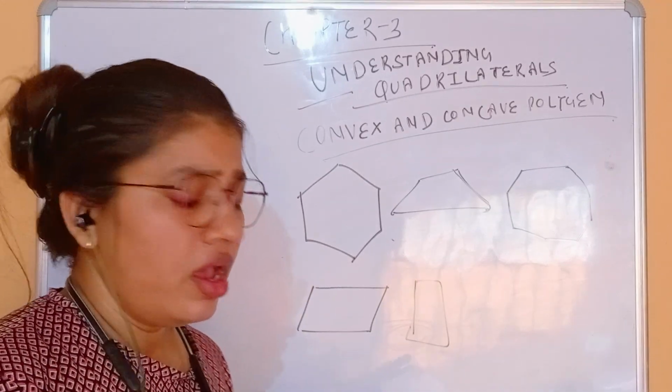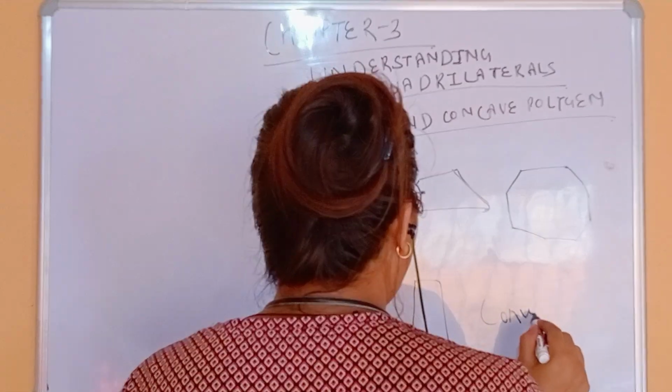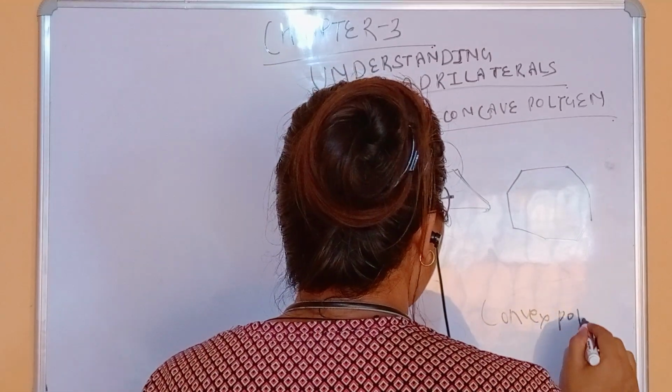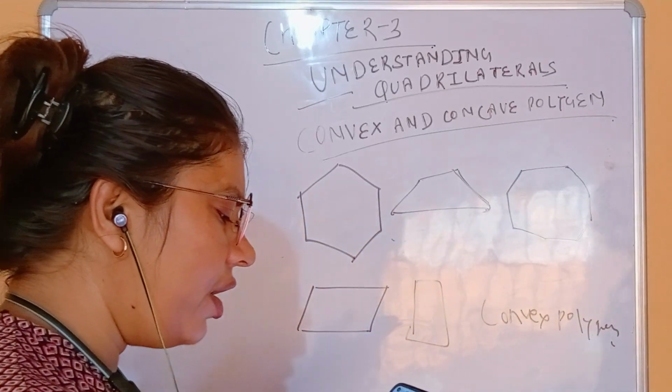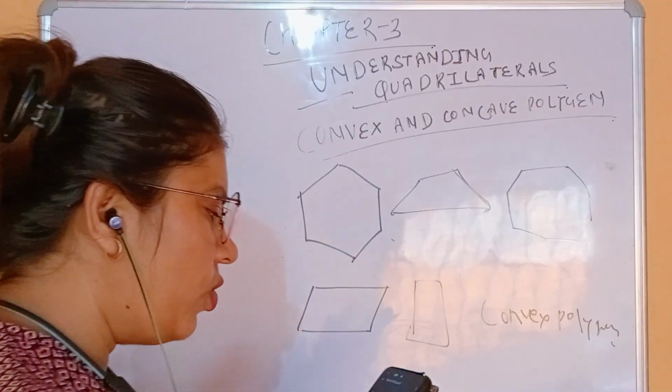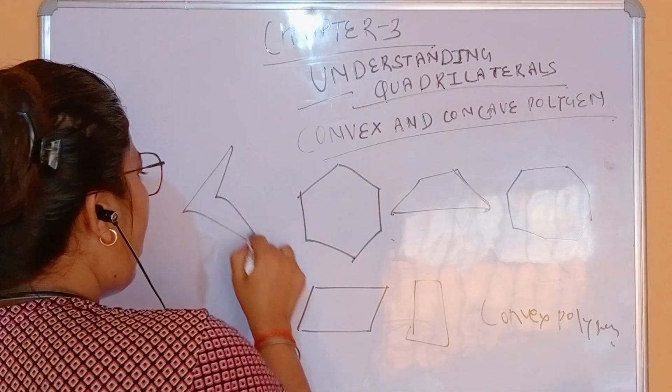Okay, so here we can easily say this is a convex polygon. What is the definition of a concave polygon? For a concave polygon, we do not define anything about its shape. In your book it is given that we can't define this shape.